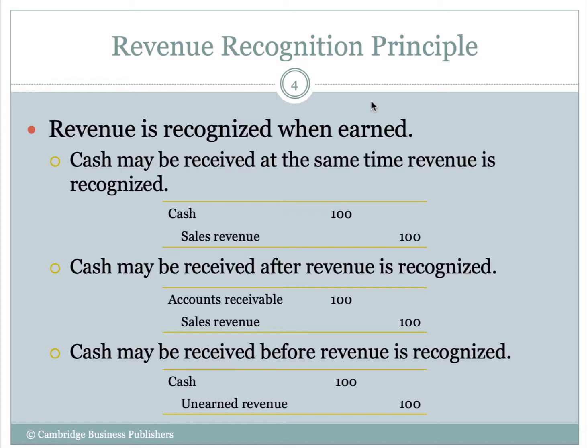Giant Eagle sends us a check for $100, and they say, hey, next week I need you to deliver 100 pumpkins. Okay. Do we have revenue? No, we do not. Because under the accrual basis of accounting, cash is not the determinant of when we recognize revenue.